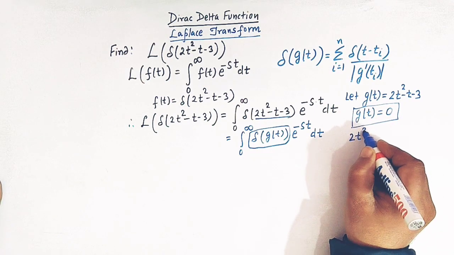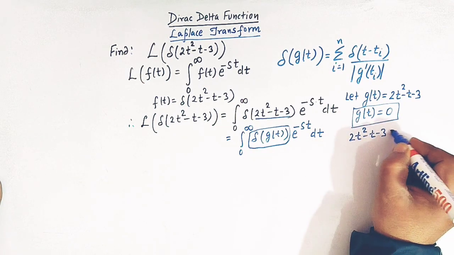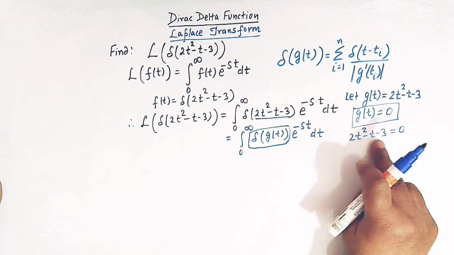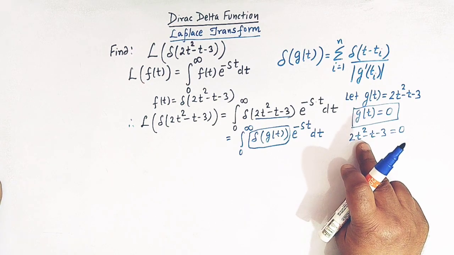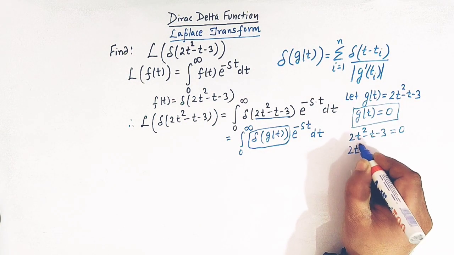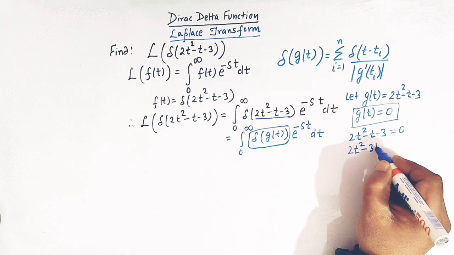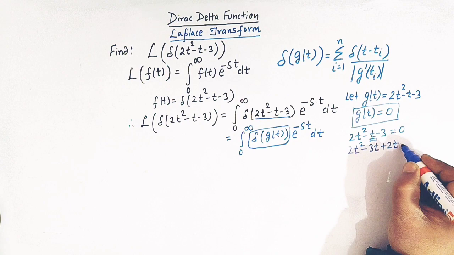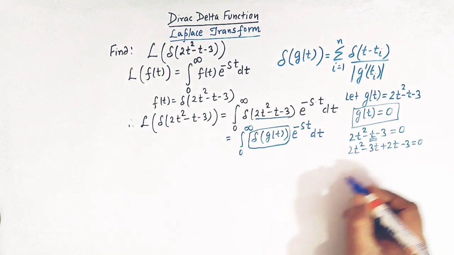So we have 2t² − t − 3 = 0. Now we can easily factorize this quadratic polynomial by the method of splitting the middle term. So we can write it as 2t² − 3t + 2t − 3 = 0.